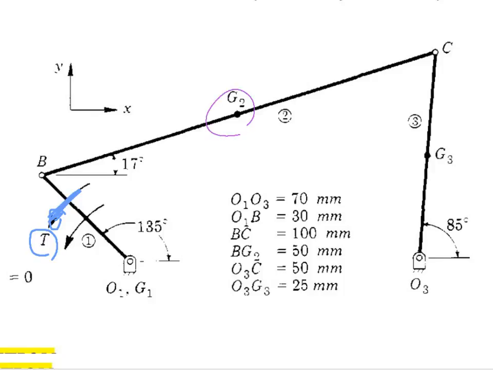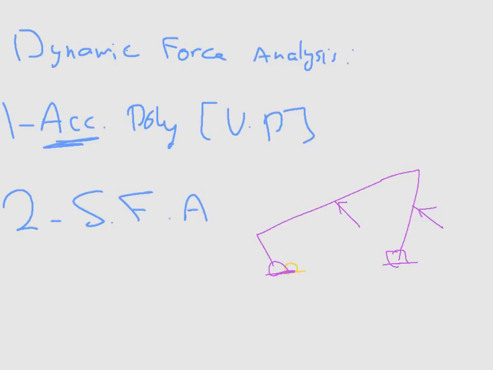From the centroid of the link. The force equals minus mass multiplied by the acceleration of the centroid, and our moment equals minus moment of inertia multiplied by angular acceleration.